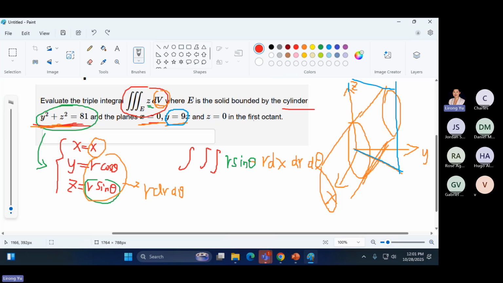Maybe I should remove some of this. So you can see the intersection. Try to draw the intersection this way, and then there's the intersection this way, and there's this line. It's this side from the cylinder. So this part is from the cylinder. Okay, and then this part is from the plane.